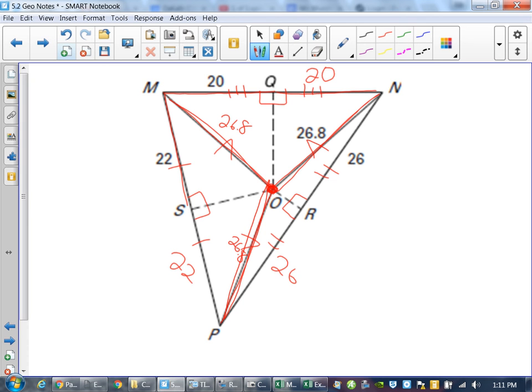Parts of right triangles. If I pull this one through, I know that's 22, and that's 26.8.